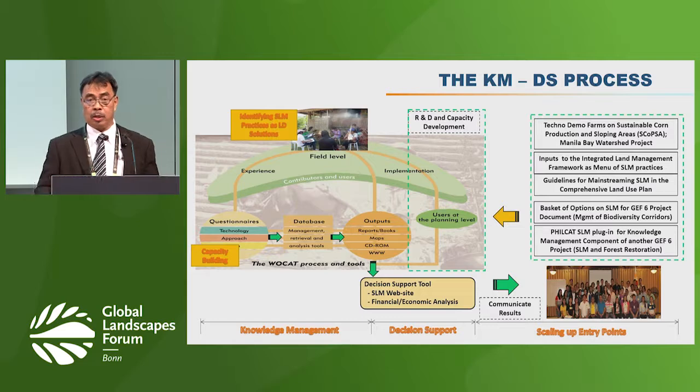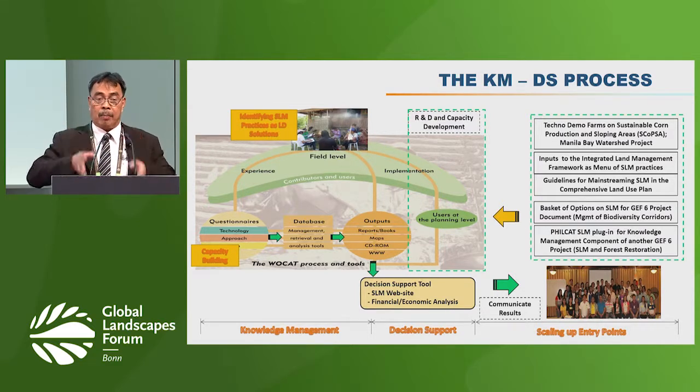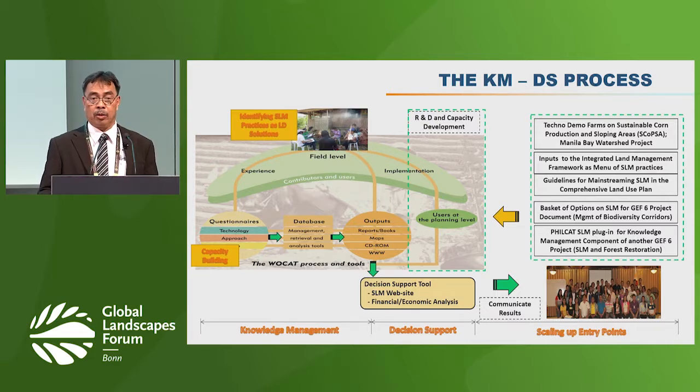So basically, those are the entry points that we are now considering as far as trying to scale out and scale up our SLM project. And of course, once we have done that, it also needs research and development and capacity building, because we believe that there's no one-size-fits-all technology, that we still have to go through the process of research and development so that we could ensure that those technologies are really suitable to specific project areas.